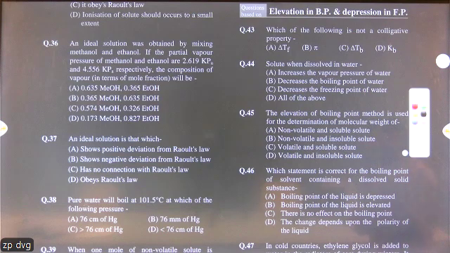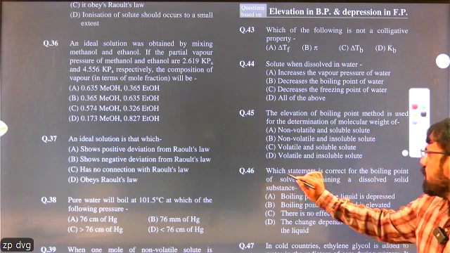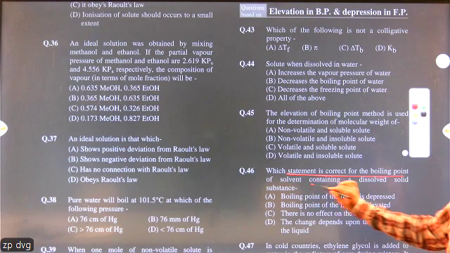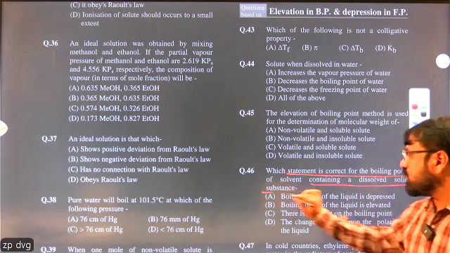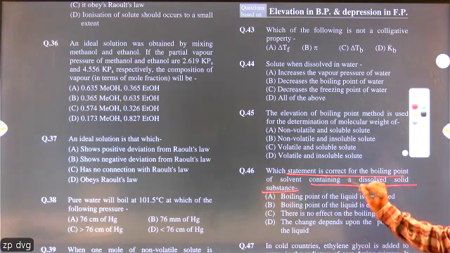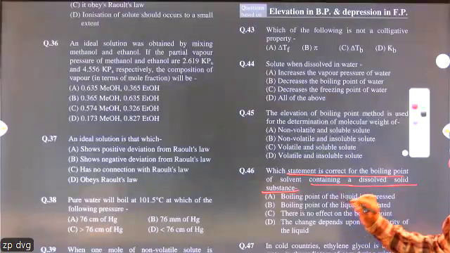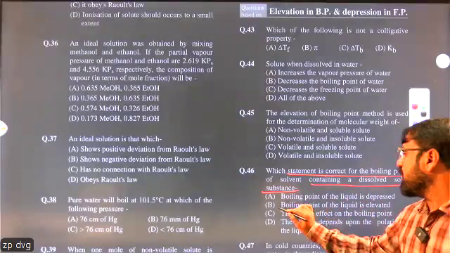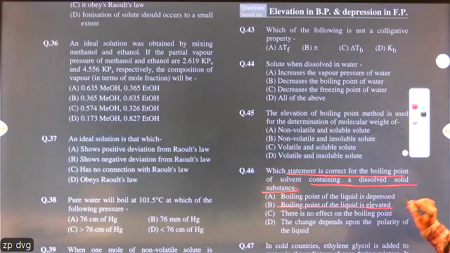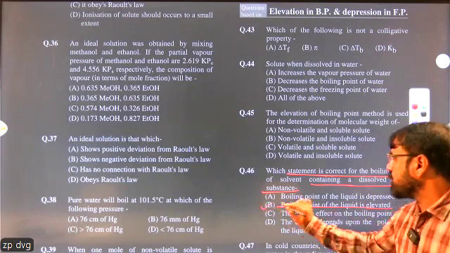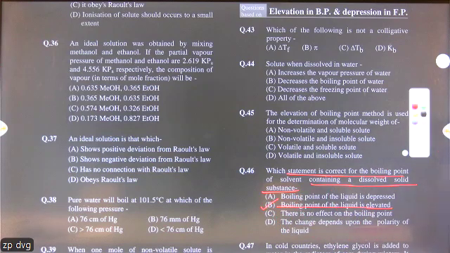Boiling point elevated. Whenever a solid substance is dissolved in the solvent, the boiling point increases. So boiling point is increased, nothing but elevated. Option B is the correct answer for the 46th question.